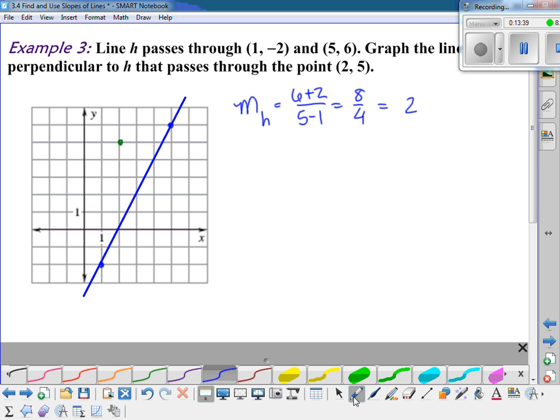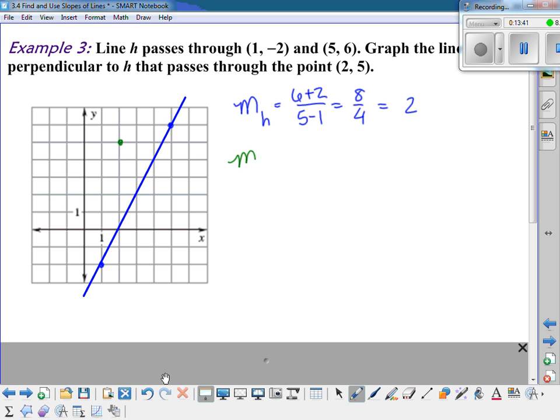So my perpendicular line has to have a slope that's the opposite reciprocal. So instead of positive, now it's going to be negative, and it's going to be 1 over 2, the reciprocal. So that means that my rise is going to be -1, and my run is going to be +2.